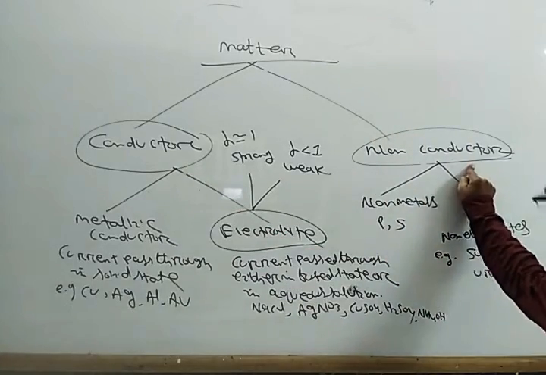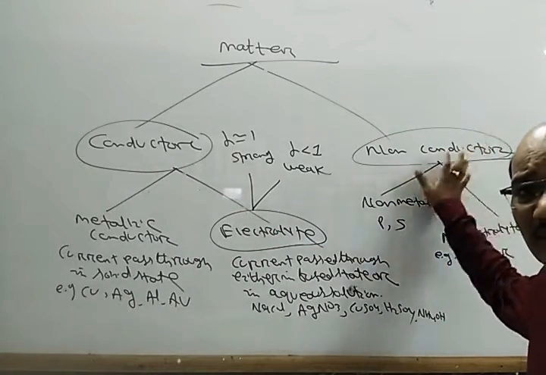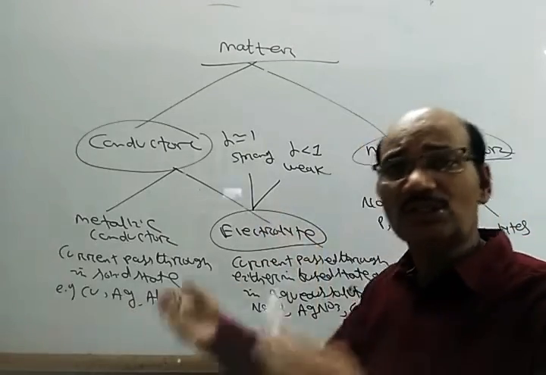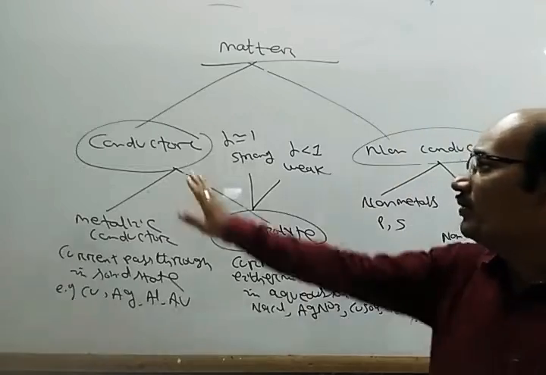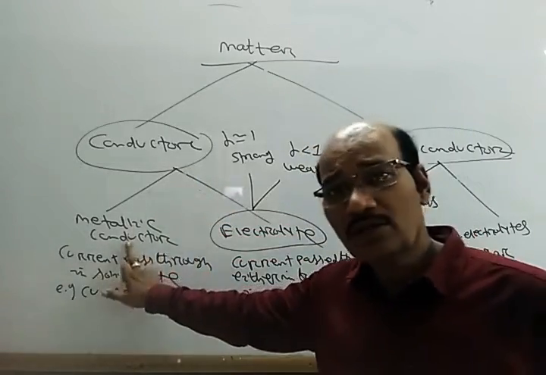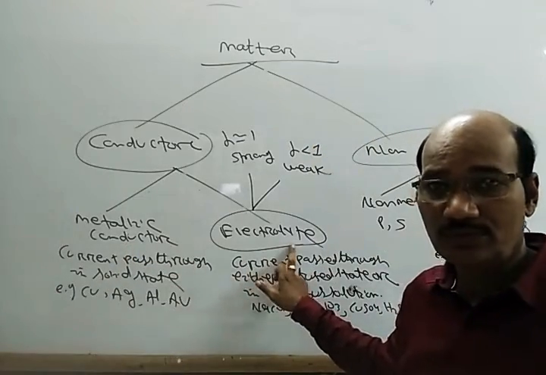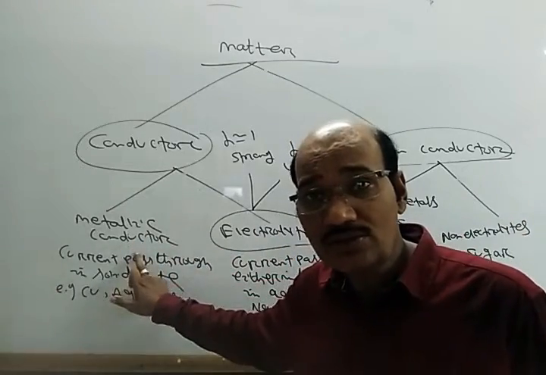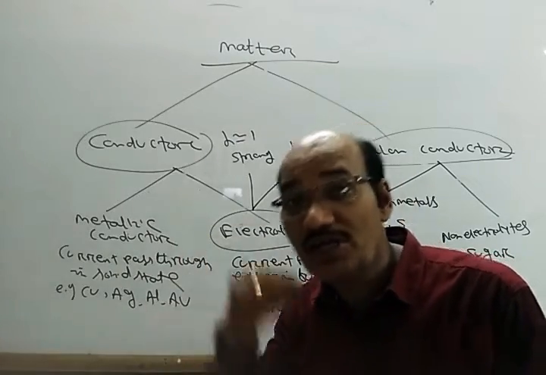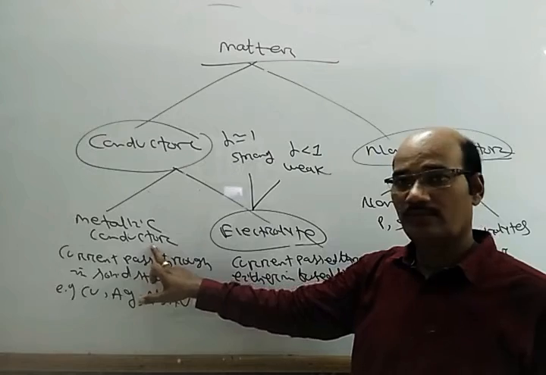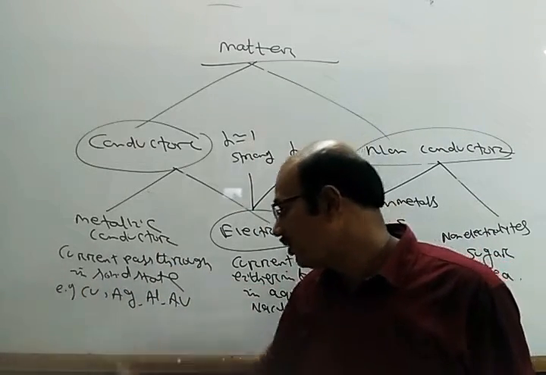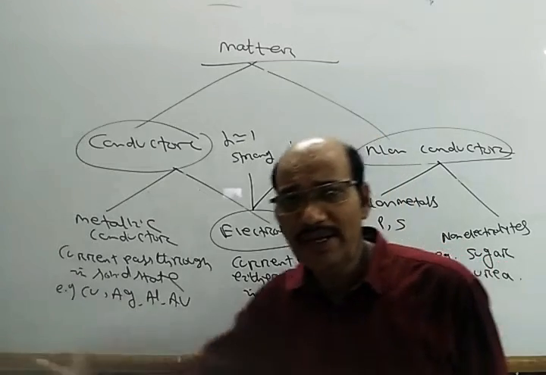Non-conductors cannot conduct electricity, or don't allow the passage of electric current through them. Conductors can be of two kinds: metallic conductors and electrolytes. Metallic conductors allow current to pass in the solid state, like copper, silver, aluminum, gold, and many more.